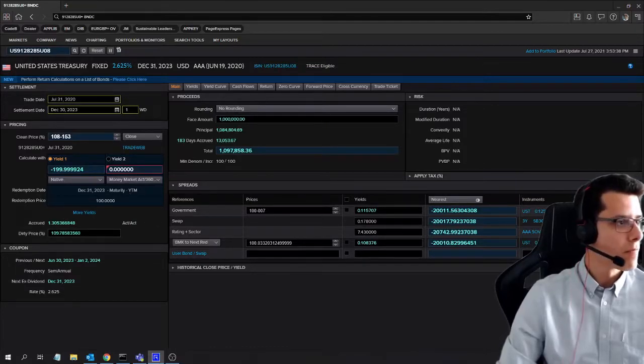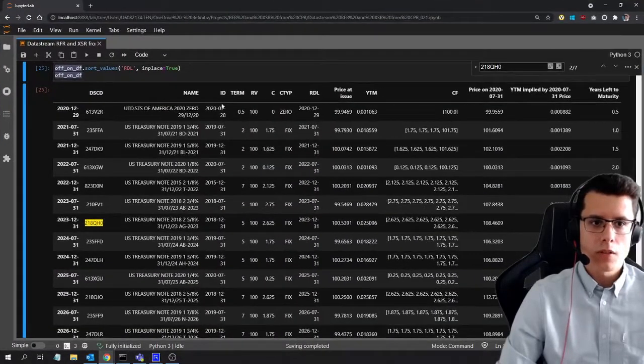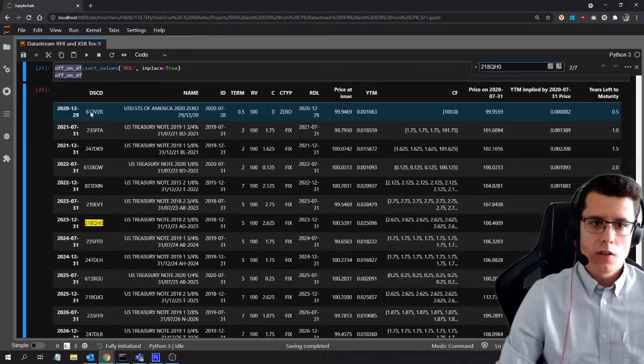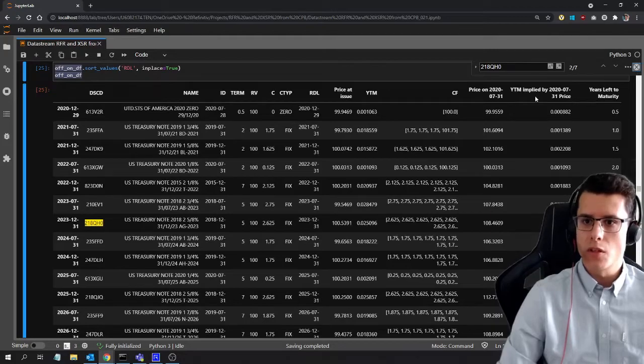So here, for example, if I show you where we were at in the code, we managed to get all of the data that we were looking for up to the yield to maturity implied by a specific price.